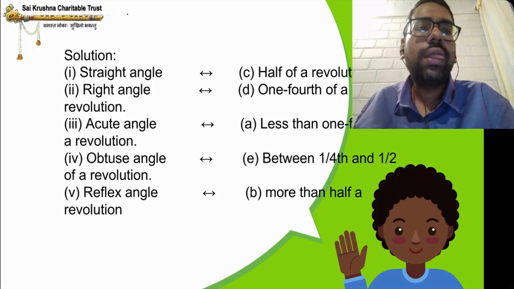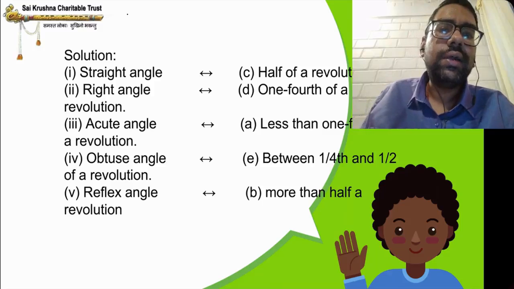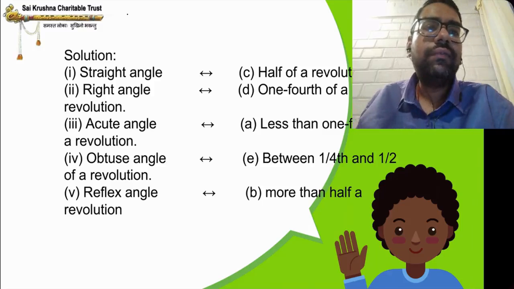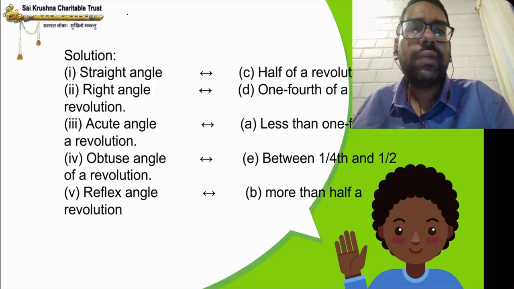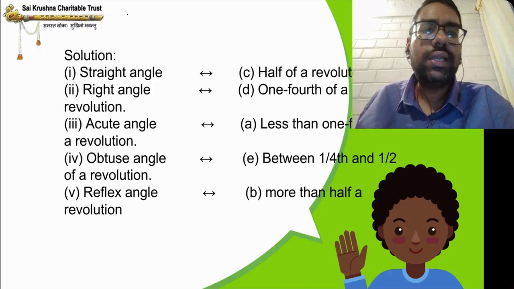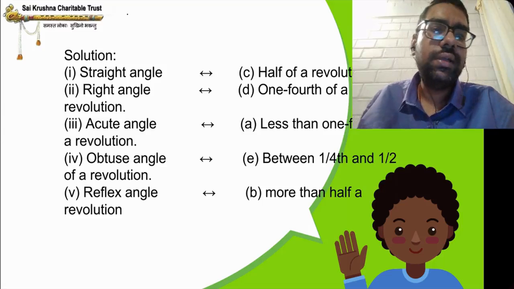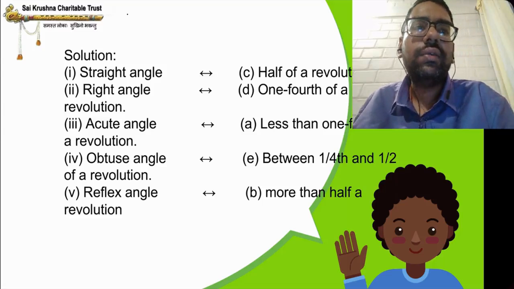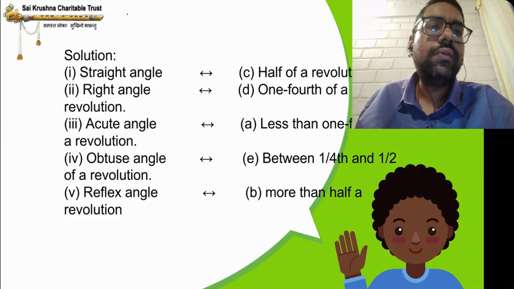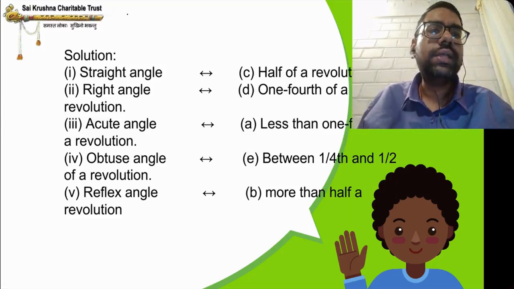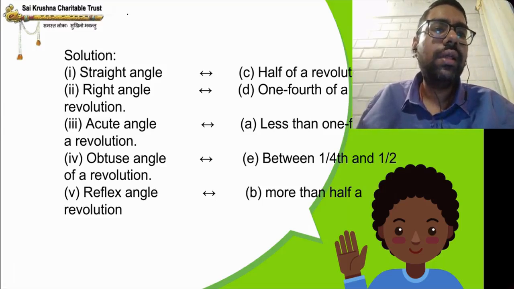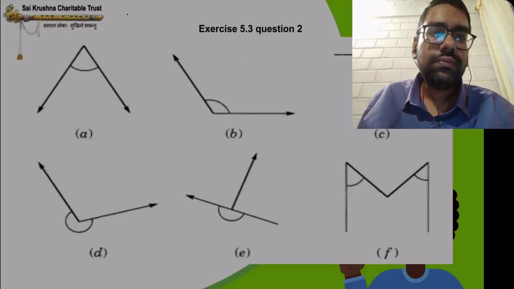So between 90 and 180 degrees is called an obtuse angle. A reflex angle is greater than 180 degrees and less than 360 degrees, so more than half a revolution. Half a revolution is 180 degrees, and that is why a reflex angle is called more than half a revolution.